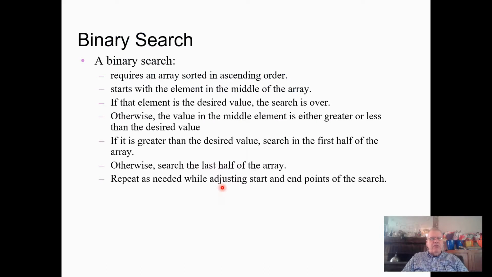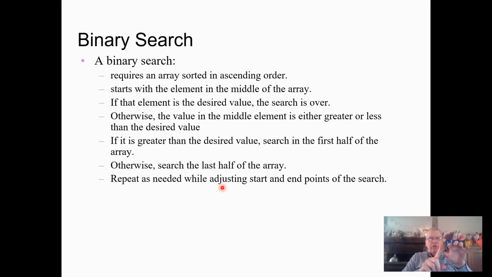Now, binary search is interesting. A binary search requires the array to be sorted in some kind of order, ascending or descending. You start with the middle element, and of course, if that's the desired value, then the search is over, but normally it's not. And so you divide the rest of the list into the greater or the lesser half.